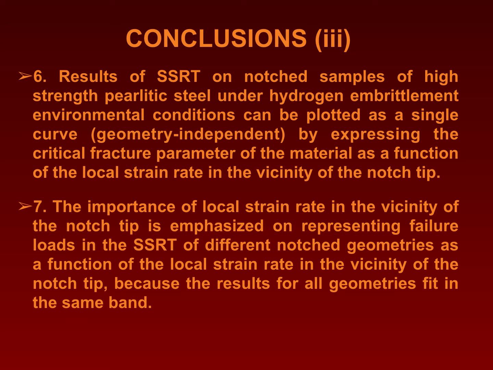Results of SSRT, slow strain rate tests, on notched samples of higher strength pearlitic steel under hydrogen embrittlement environmental conditions can be plotted as a single curve, geometry independent, by expressing the critical fracture parameter, this dimensionless stress, of the material as a function of the local strain rate, this dimensionless strain rate, in the vicinity of the notch tip, averaged in space and time.